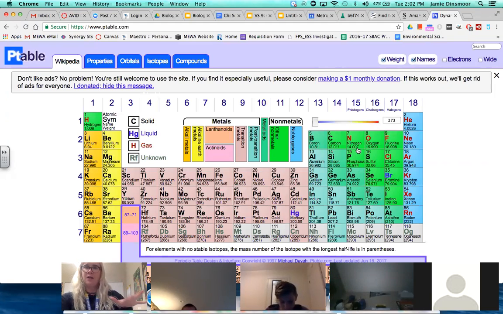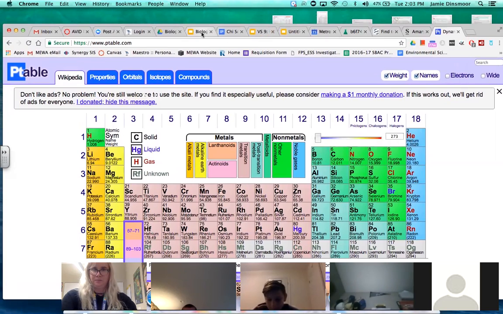Well, it has 5 valence electrons, which means nitrogen will gain 3 electrons to have a full shell. So nitrogen's charge is -3. Good job, Logan.